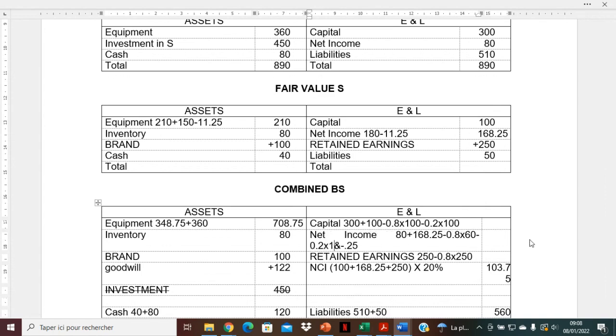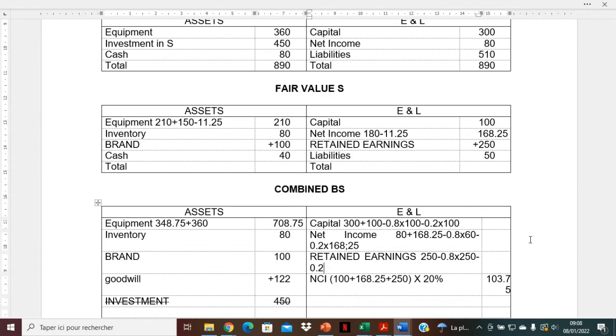Excuse me, it's a little bit confusing. There we go. Non-controlling interest also gets 20% of the total retained earnings. Therefore, retained earnings have been completely eliminated. My final capital, as always, is capital of the parent company.